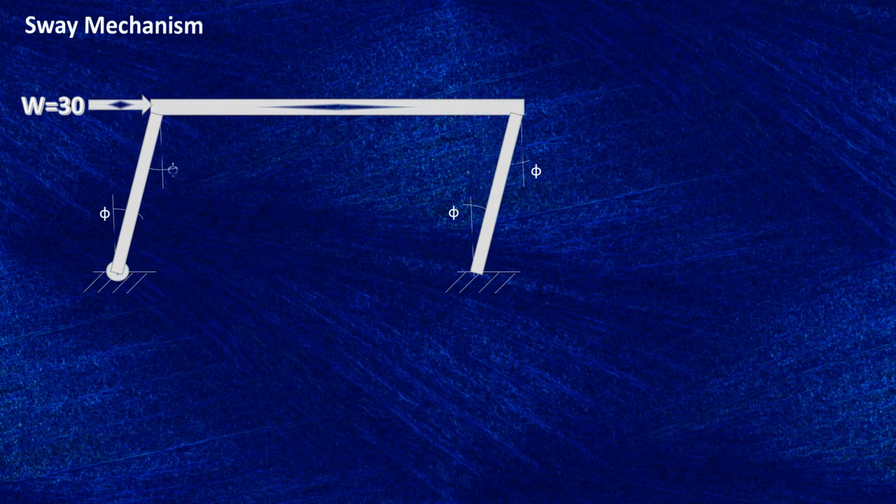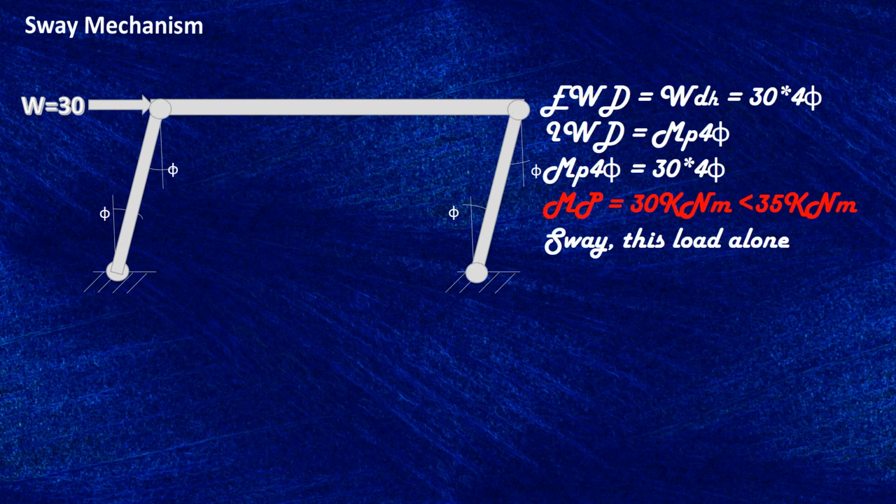If we consider the sway mechanism, due to sway, the moment we get is 30 kilonewton meter, which is less than 35 kilonewton meter, which means sway alone, the lateral load, is not causing that collapse mechanism.